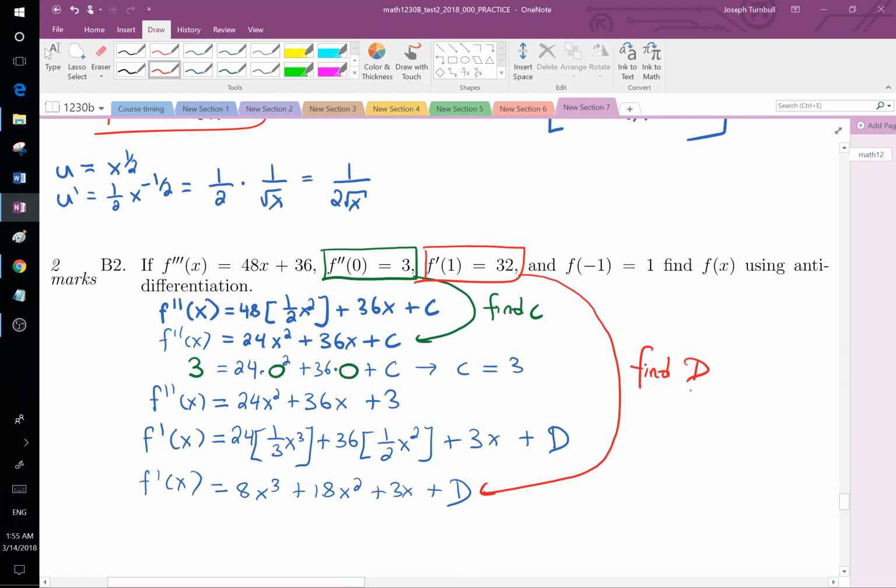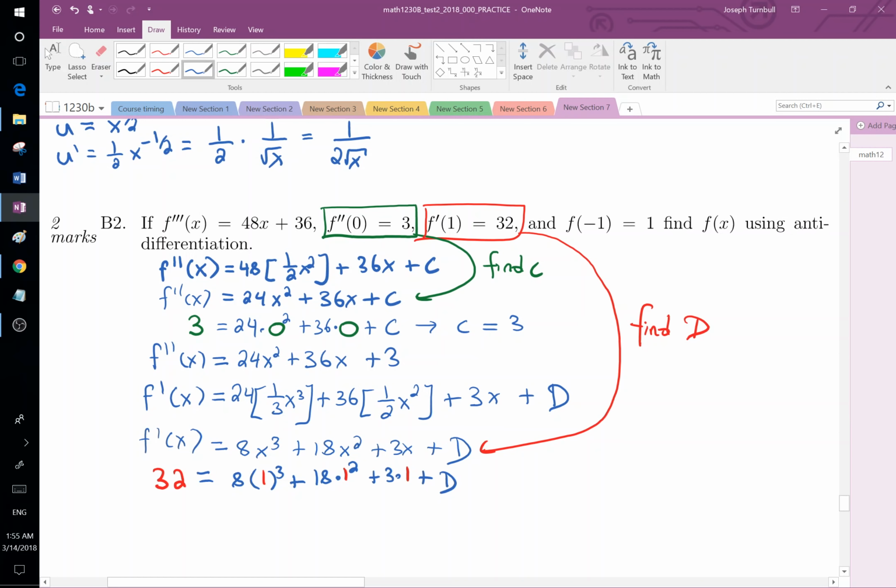That condition says when x is 1, the derivative is 32. So 32 goes there, 1, 1, 1. 32 equals 8 times 1 to the 3 plus 18 times 1 to the 2 plus 3 times 1 plus d. And then simplify. 32 is 8 plus 18, 26 plus 3, 29 plus d.